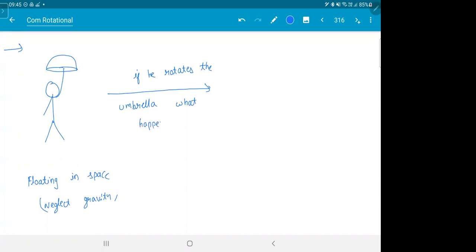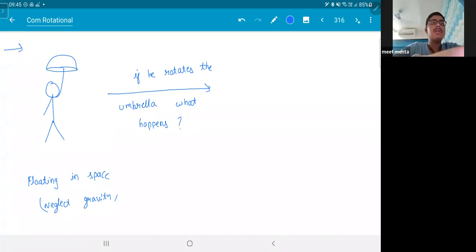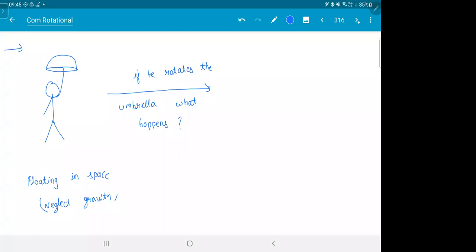Any idea? You're just standing in gravity-free space. You rotate the umbrella clockwise. What will happen to you? You will rotate anti-clockwise. Yeah. So what happens here?